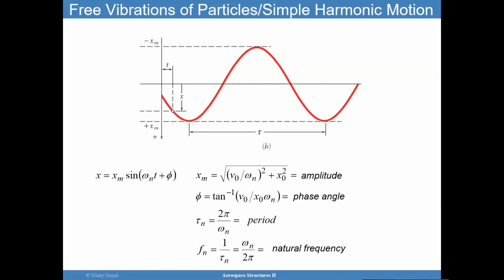So if this distance here is 30 seconds, then 1 over 30 seconds gives you the natural frequency. And if this distance here is 0.2 seconds, then 1 over 0.2 seconds gives me the natural frequency, and that'll be 5 hertz. That's telling me that in 1 second, that box oscillated 5 times back and forth. That's really what we're talking about here when I talk about natural frequency.